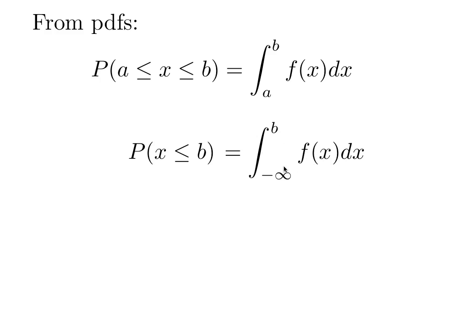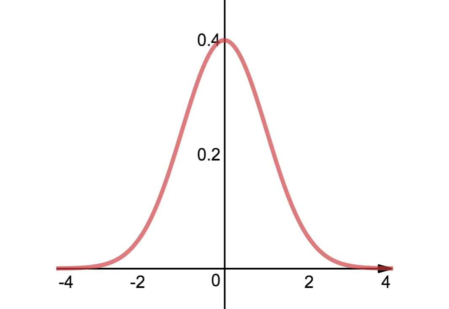Now let's apply this to a particular example to help us understand a little bit more. Consider a normal distribution where f of x is the probability density function, with mu, the mean, equal to 0 and sigma, the standard deviation, equal to 1.